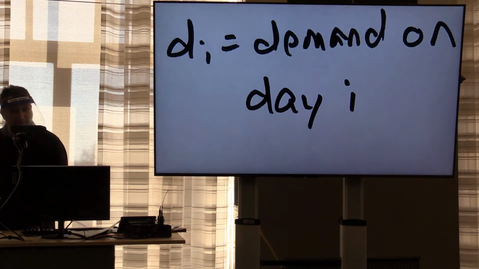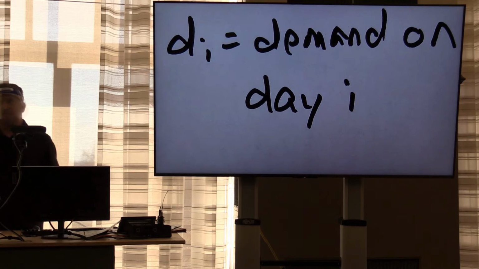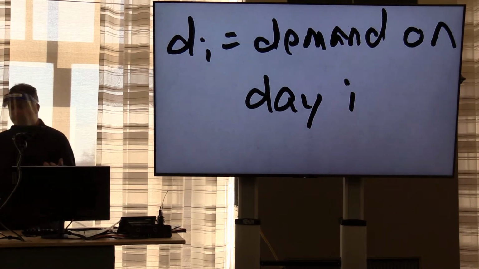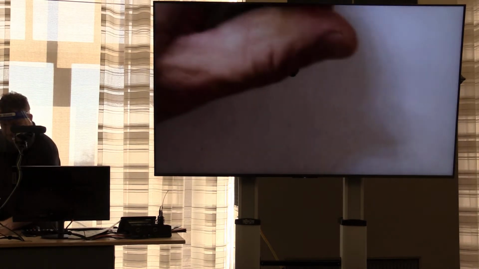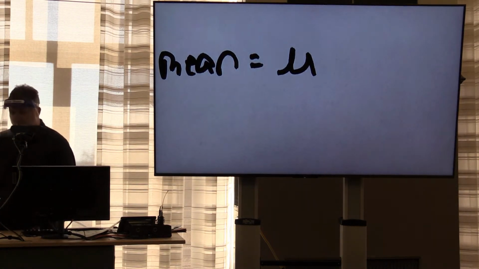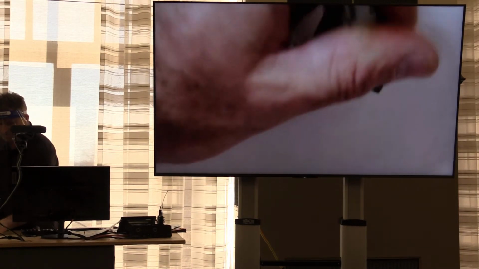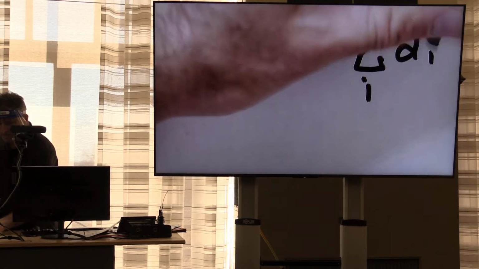You have little d_i, which is demand on day i. You know, i can be 1 for March 1st, 2 for March 2nd, 3 for March 3rd, and so on. And then the mean, which we usually denote by mu, is just the sum of all the d_i's.